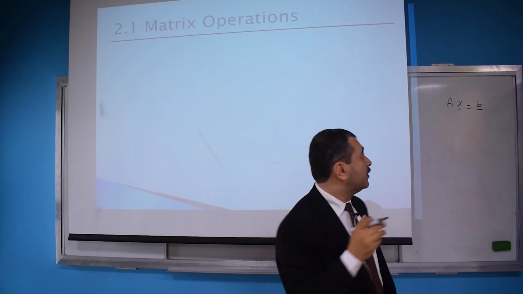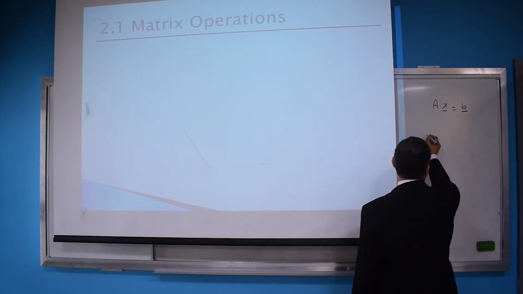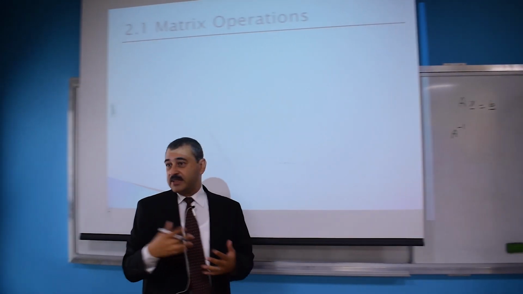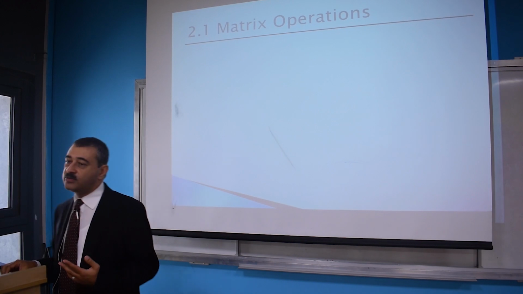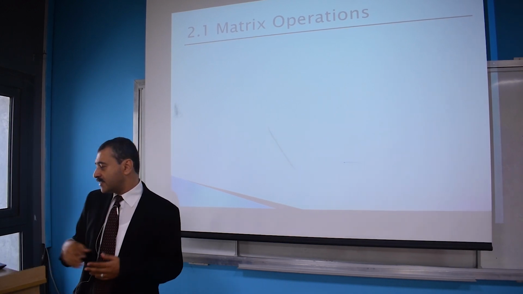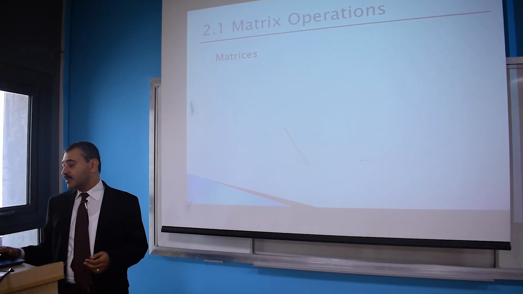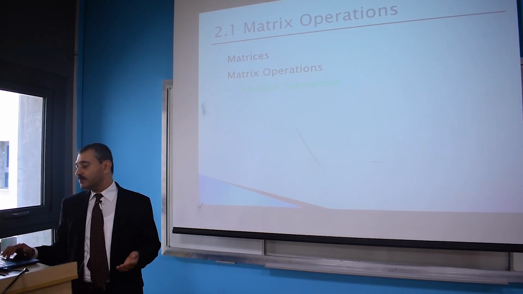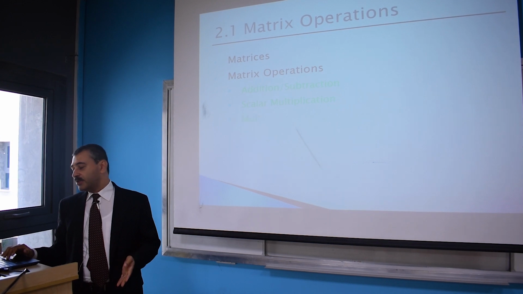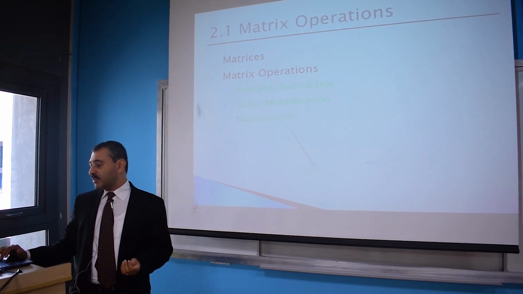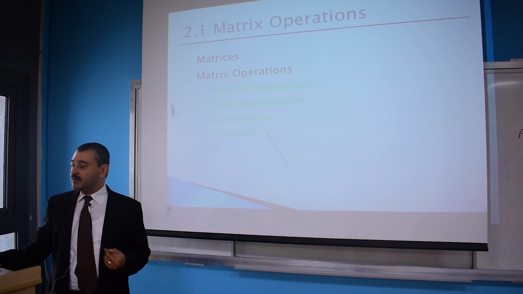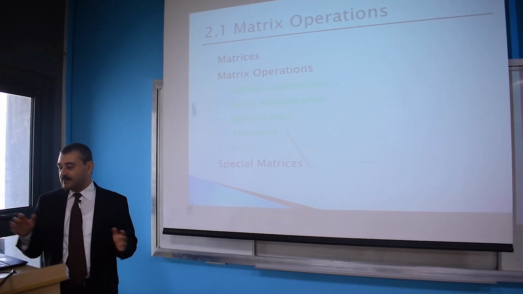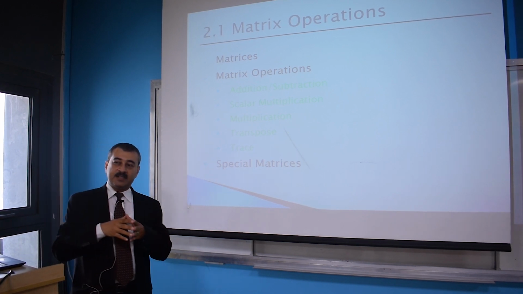Okay, so we are going to find, for example, what is called the inverse of a matrix. To find the inverse of a matrix, we first would like to define some operations on matrices. So we'll begin with addition and subtraction, scalar multiplication, matrix multiplication, transpose of a matrix, trace of a matrix, and some special matrices.